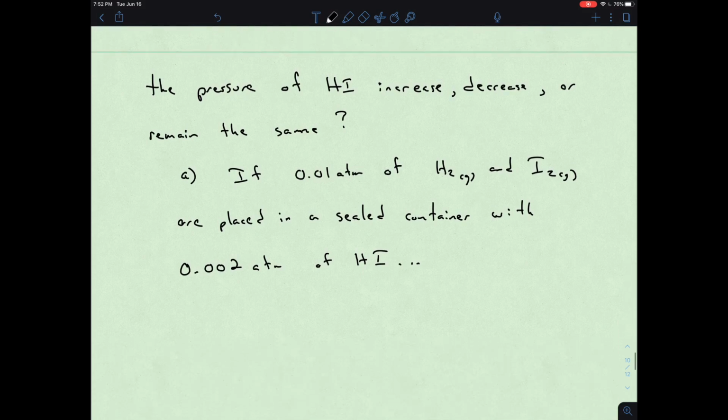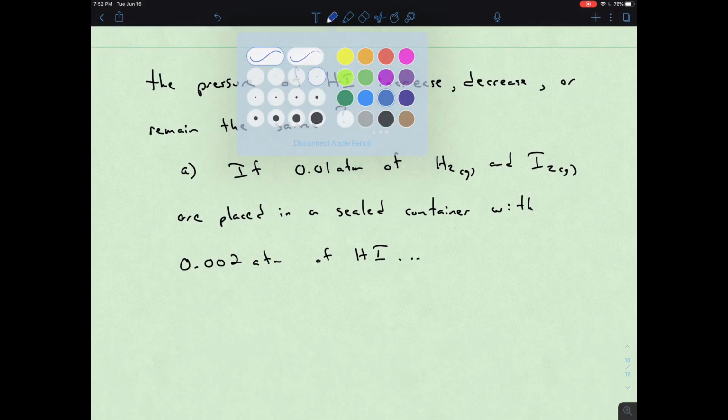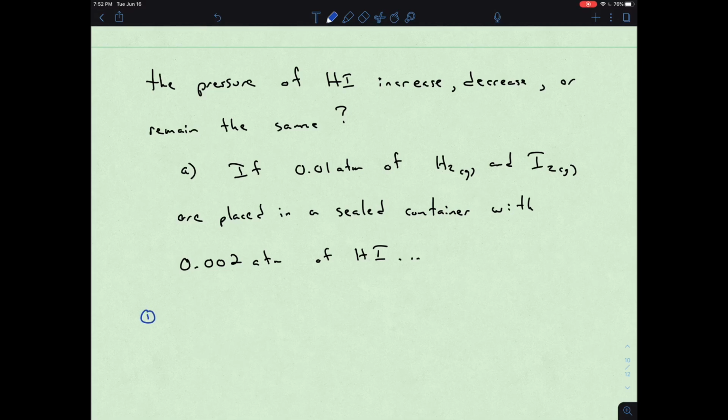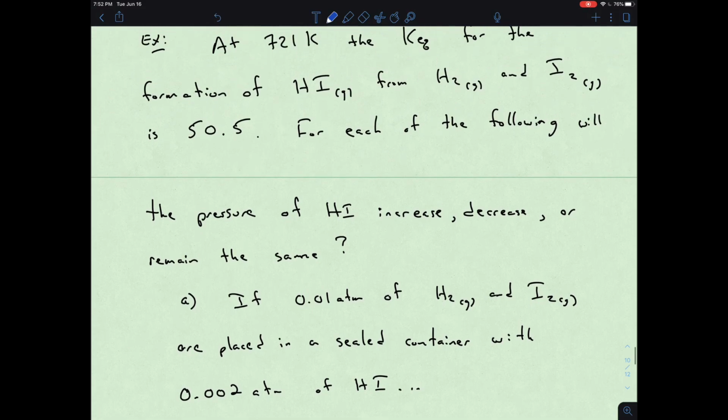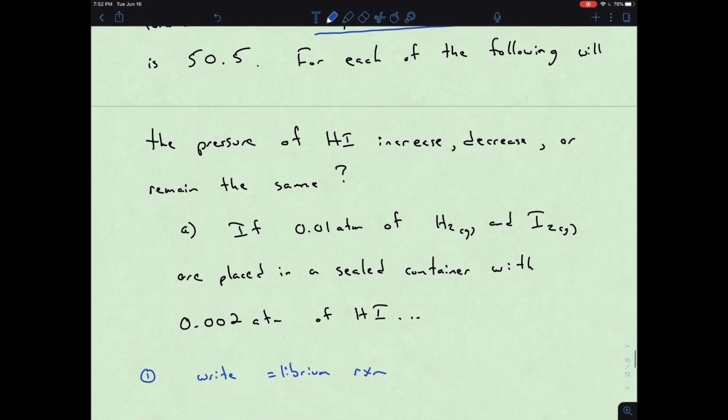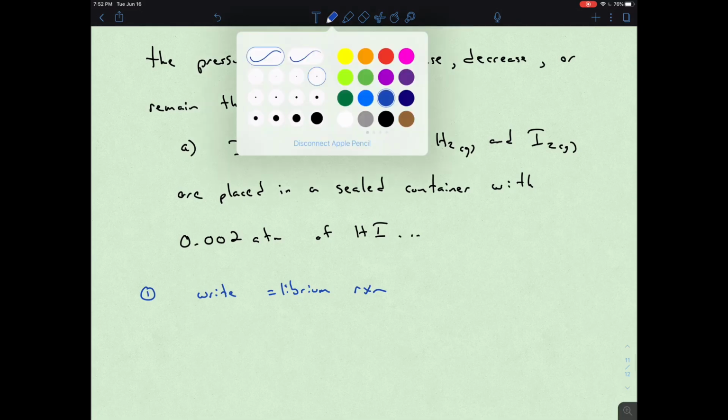So I think a good methodology here is to always have your equilibrium reaction. And if we go back to the text, they're telling us that this is a formation reaction between HI formed from H2 and I2.